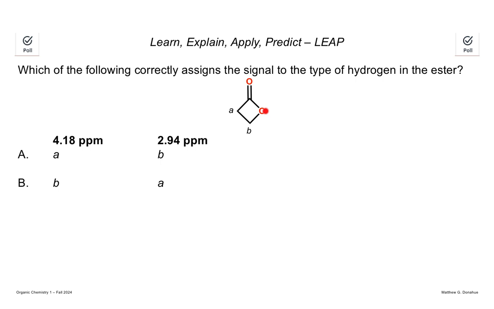So the influence of that heteroatom oxygen should push it farther away from 0 than those on A. So the correct answer for this would be B. These would be 4.18, and these would be 2.94. So again, that heteroatom is going to sort of rule the roost in terms of the magnitude of the chemical shift away from methane.